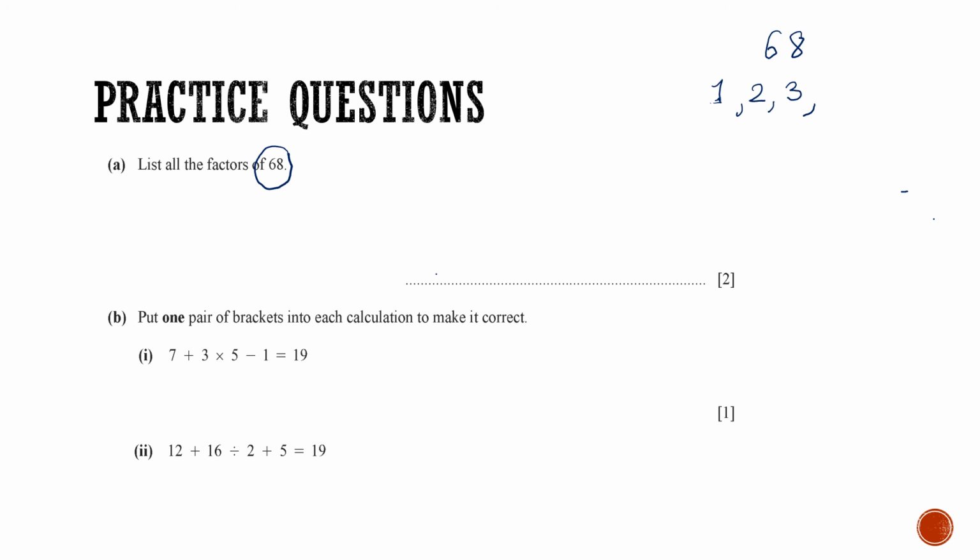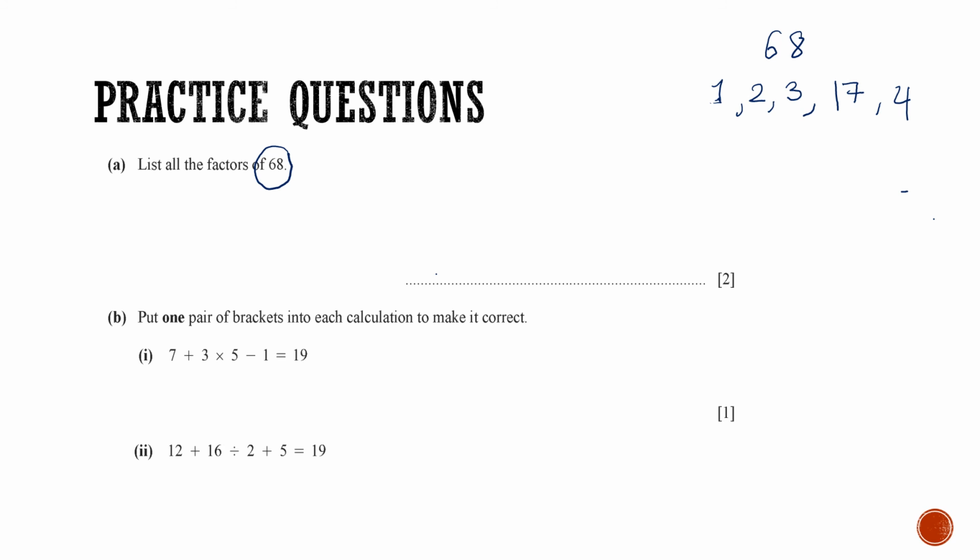It's not divisible by 14 or 15 or 16, but it's divisible by 17. Then what times 17 is 68? 17 times 4. That means 4 is also a factor, right?